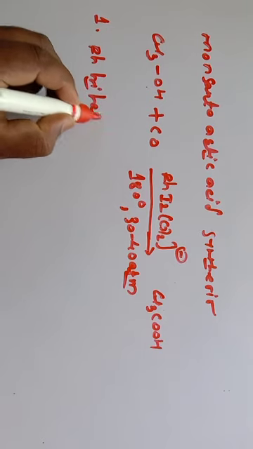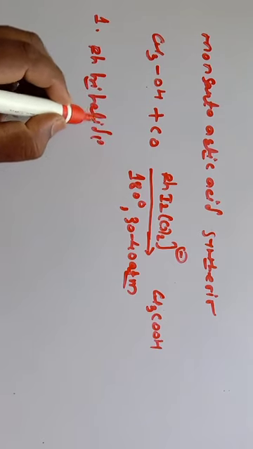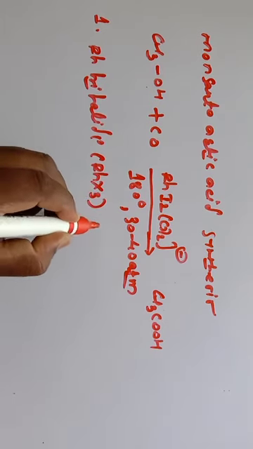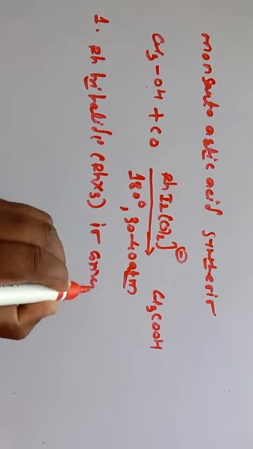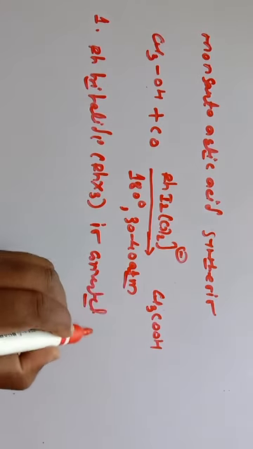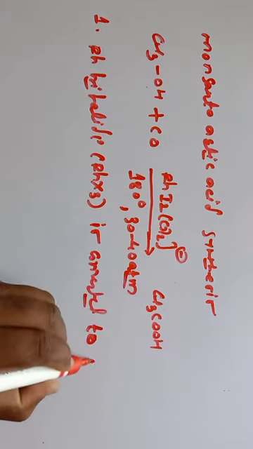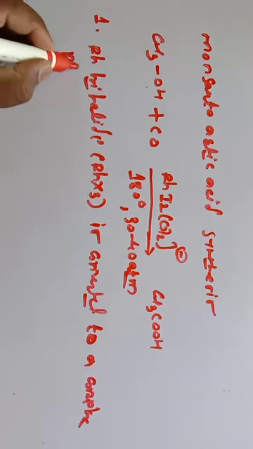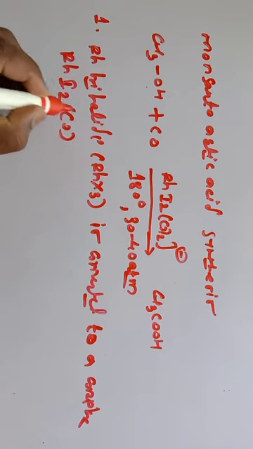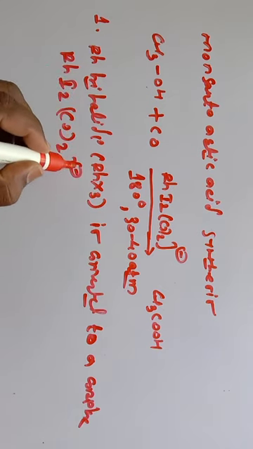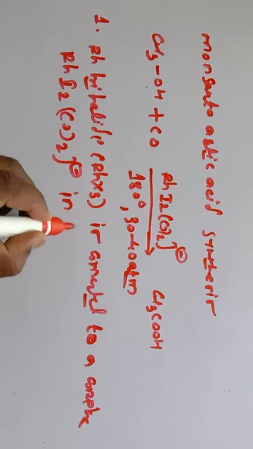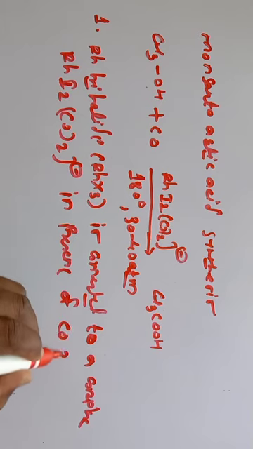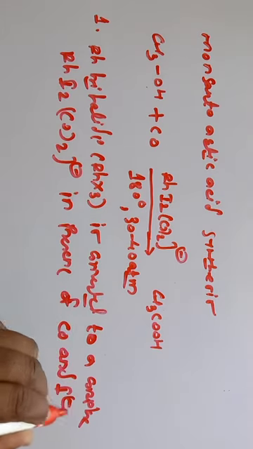Rhodium trihalide, RhX3, is converted to a complex, that is [Rh I2 (CO)2] with a 1 minus charge, in presence of carbonyl and I minus, that is iodide.